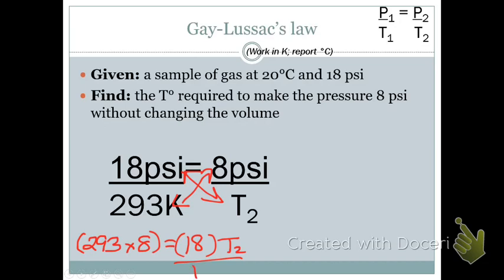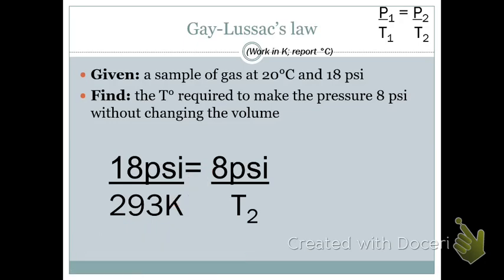I'm going to divide both sides by 18 to get rid of the 18. Open my parentheses, 293 times 8, close parentheses, divided by 18. And once you press the equal sign, you should get 130 for your temperature if you round it.